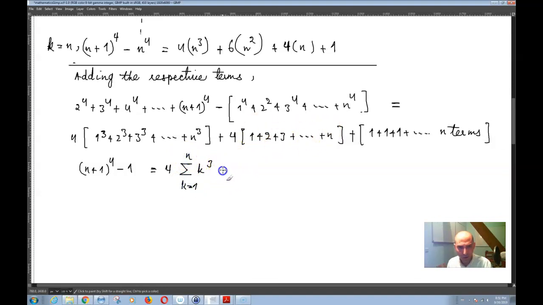And then over here I have 1 plus 2 plus 3 all the way up to n. So that means that I can write it as 4 times sigma k, as k goes from 1 to n. And then over here I have 1 plus 1 plus 1 n terms, so that is basically simply n. Meaning that n 1 has been added to itself n times, so that is n.